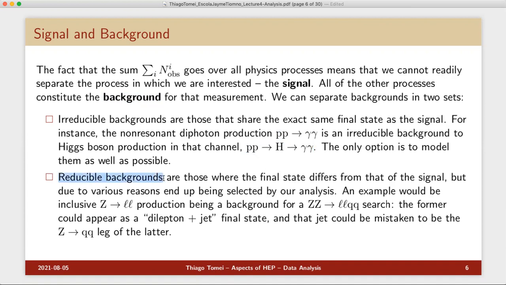Reducible backgrounds are those where you have a chance to fight. The final state differs a bit from our signal, but for some reason, it ends up being selected in our analysis. It appears in the events that we're interested in.